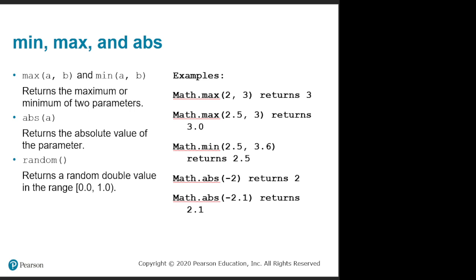And random we're going to take some time looking at here. Random returns a double value that can be 0 all the way up to 1, but not including 1. So it gives decimal places. I really want to play with random a bit here. But I'm going to go through a couple of the slides, and then we'll play with it a bit.